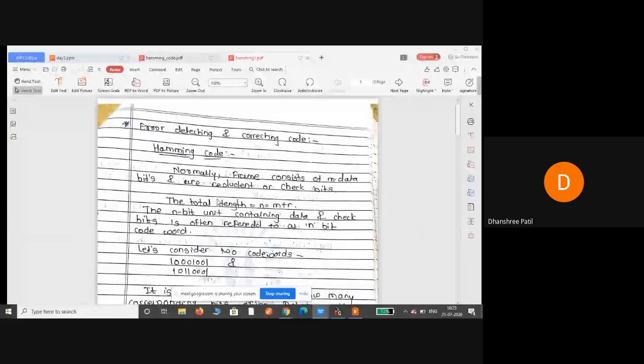Okay. So what is Hamming code? Normally a frame consists of m data bits and r redundant or check bits. So the total length n is equal to m plus r.